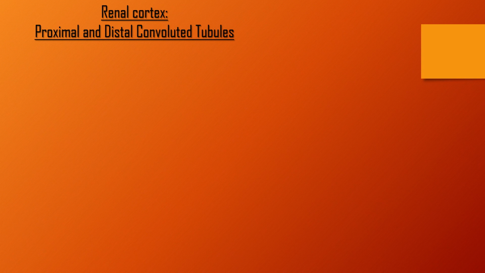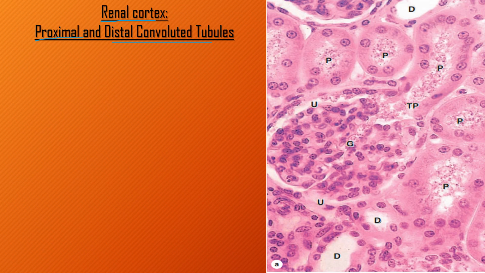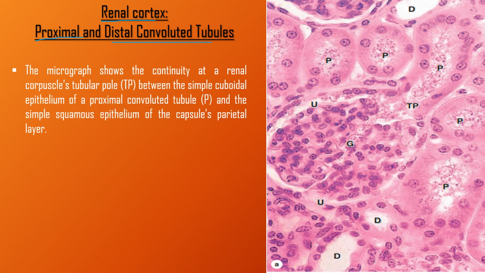Now I'll talk about the renal cortex and mainly the proximal and distal convoluted tubule. In this micrograph, we'll see the Bowman's capsule and the associated structures like the PCT and DCT. This micrograph shows the continuity at a renal corpuscle's tubular pole.